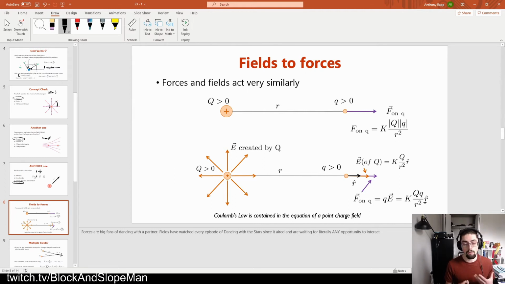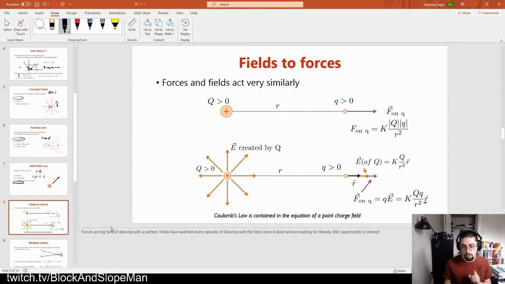And this is really what I mean when I'm talking about a field as a force waiting to happen. And I've got, I think, one of my greatest analogies down at the bottom. Forces require at least two particles, right? It's always the interaction between two objects. So it's like partner dancing. You can't partner dance without a partner. Fields, on the other hand, they're everywhere.